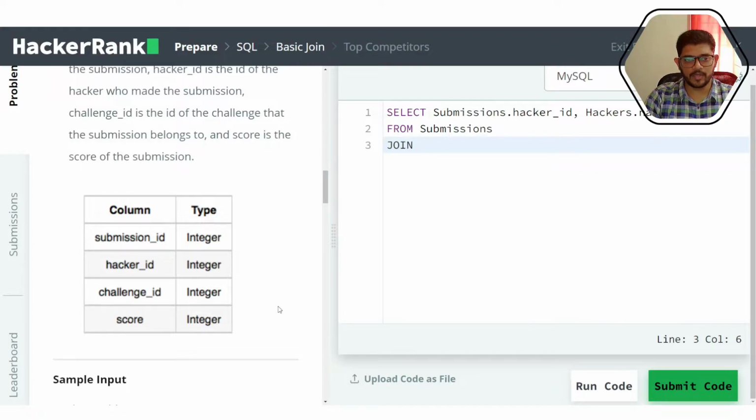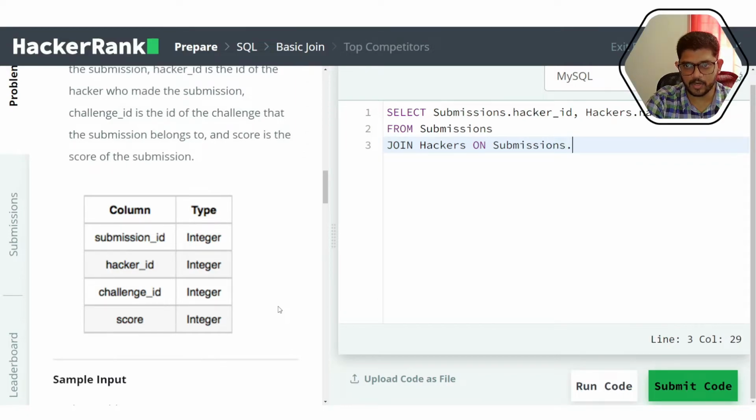First, let me join the hackers table so that we will instantly get that hacker's name. On which column are we joining? We are joining on the hacker ID only, right? We have hacker ID in the submissions table. We also have hacker ID in the hackers table. So we will naturally join on that particular column. That makes sense. Okay, so we are joining on hacker ID.